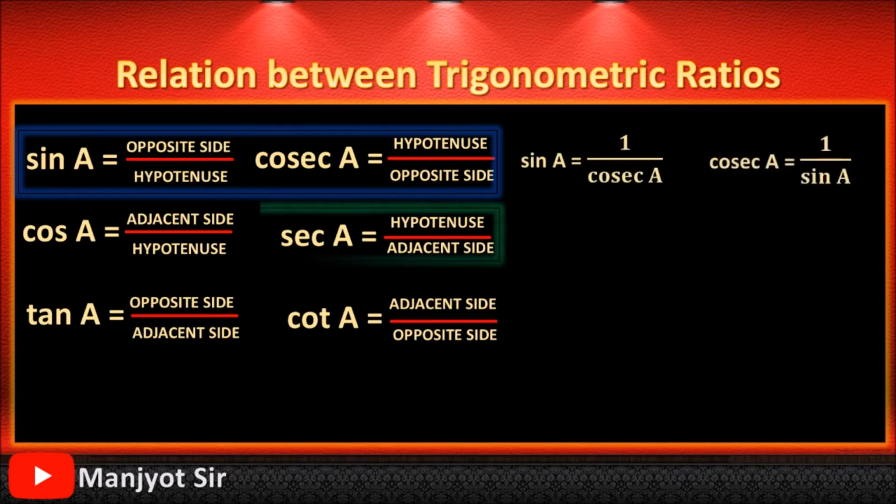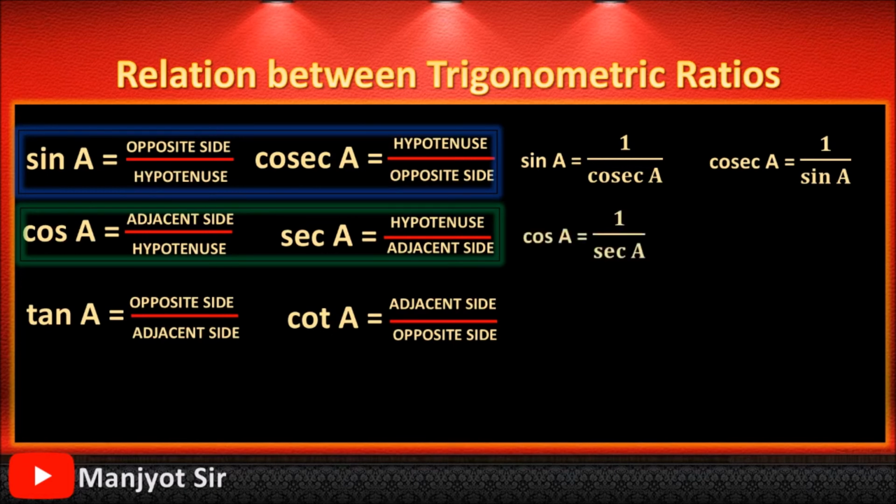Similarly, if you observe second pair, that is cos and sec, cos is adjacent upon hypotenuse. If you flip it, we get sec, that is hypotenuse upon adjacent. That means cos is reciprocal of sec and sec is reciprocal of cos. So we can write cos is equal to 1 upon sec and sec is equal to 1 upon cos.